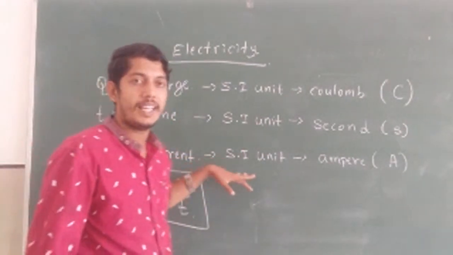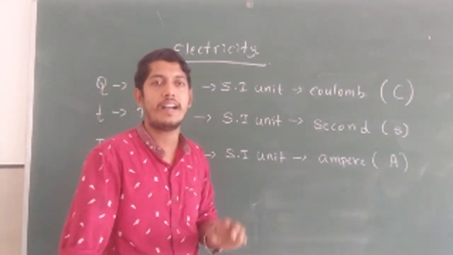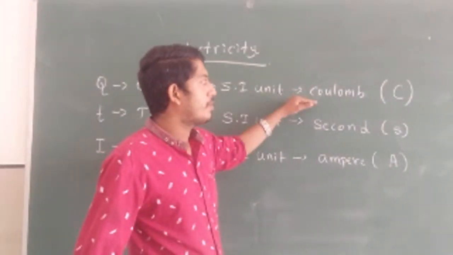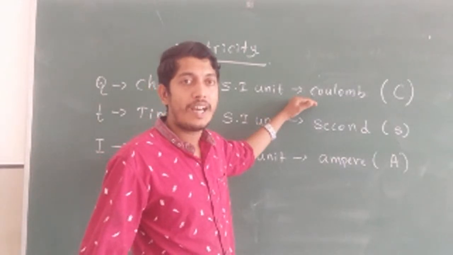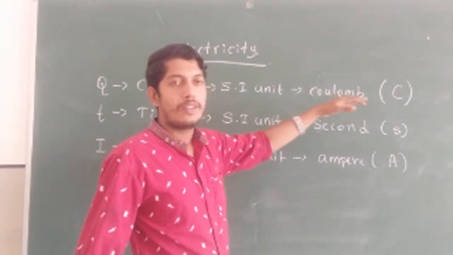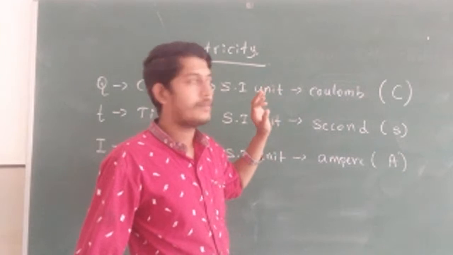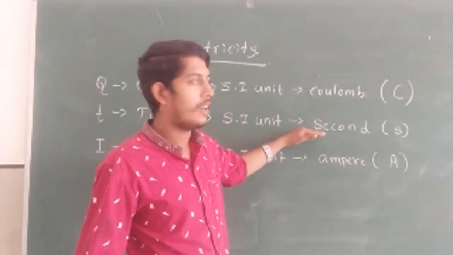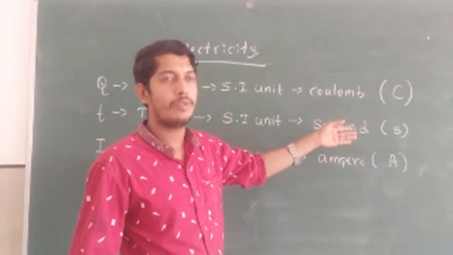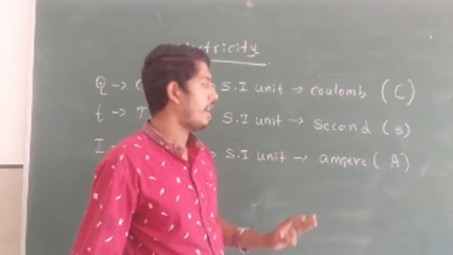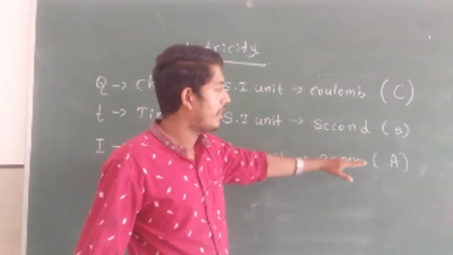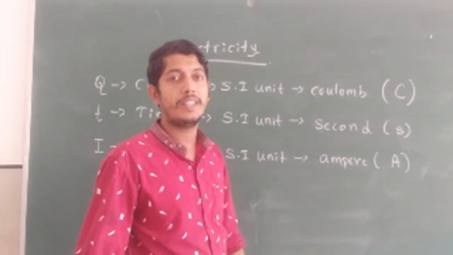And what is meant by SI? SI means international standards of units. Based on that, the SI unit of charge is coulomb, represented by capital C. The SI unit of time is second, represented by small letter s. And the SI unit of current is ampere, represented with capital letter A.